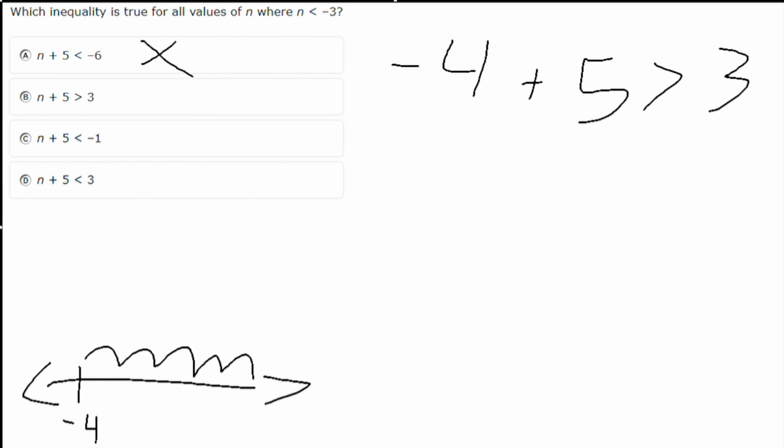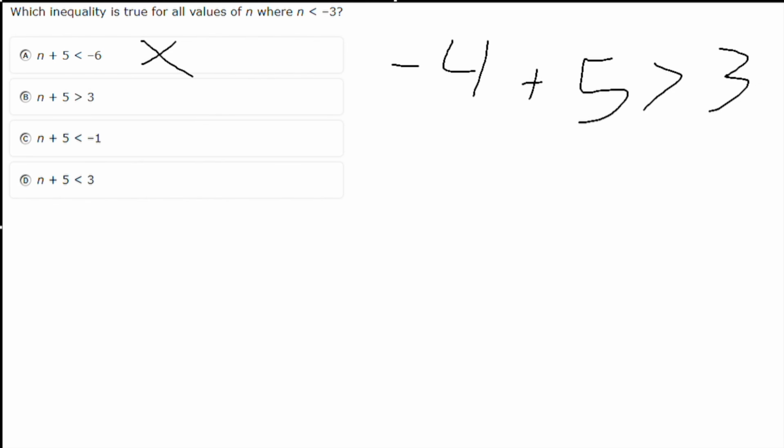We still got to the same number, just as when we flipped around our numbers in our subtraction problem. So you want to get very comfortable dealing with integers, negative numbers, positive numbers. So here we see negative 4 plus 5 is positive 1. Is 1 greater than 3? No, 1 is less than 3. Therefore, answer choice B is incorrect.